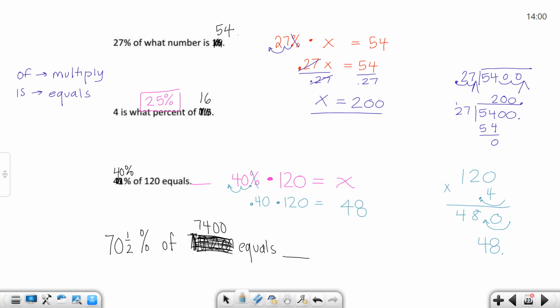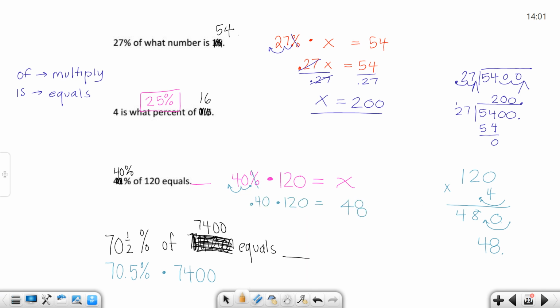Okay, looking at our last one, it says 70.5%. Okay, so what that looks like is 70.5% of means times 7,400. Okay, so we're going to fix those calculations.